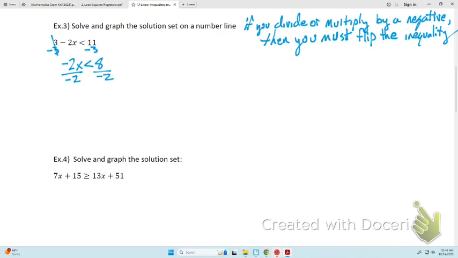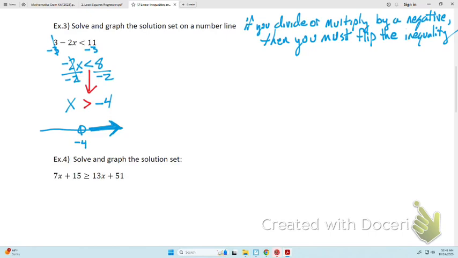And in your notes, you need to somehow make this stand out because we're going to flip the inequality. So now x is larger than negative 4. Make it on a graph. And shade to the right, because x is bigger.